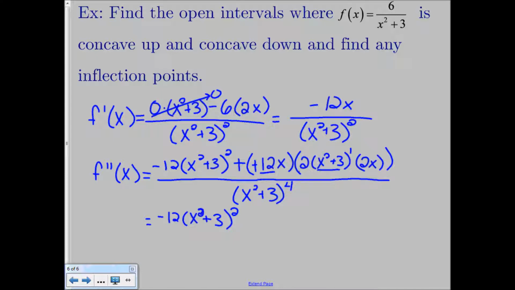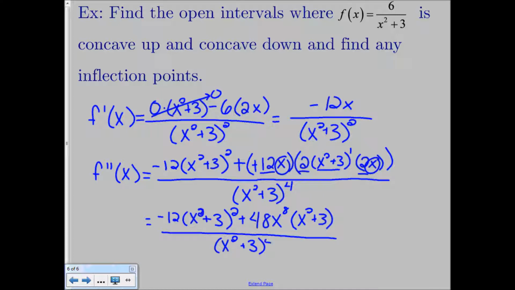So we have 12 times 2, which is 24, times another 2, which is 48. So we have plus 48. And then we have x times x. So we're going to get plus 48x squared. And then we'll leave that x squared plus 3 quantity alone. And then all over x squared plus 3 to the fourth.